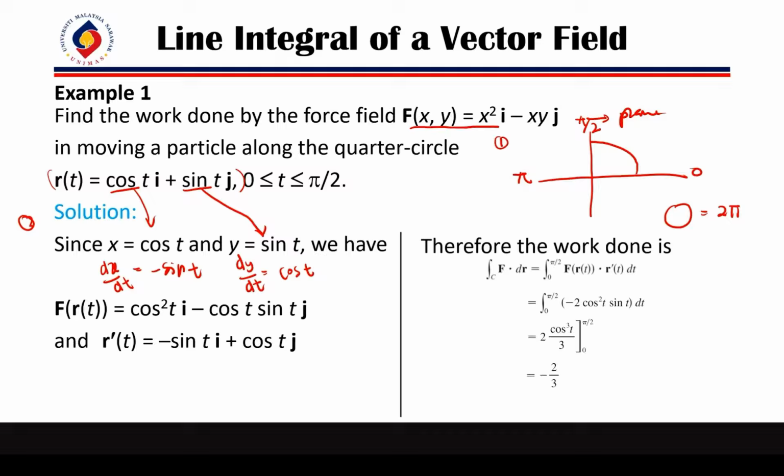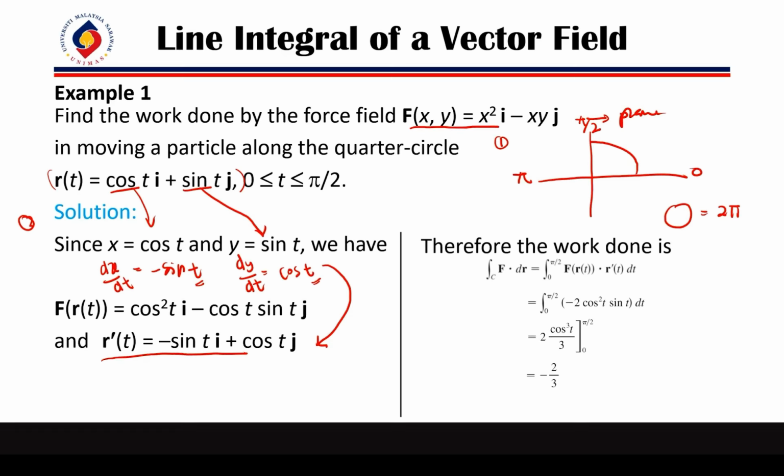After we differentiate x and y, we can get this r prime t. We differentiate in order for us to get the derivative in terms of t, so cos t also here.